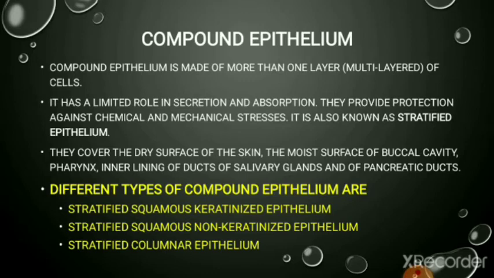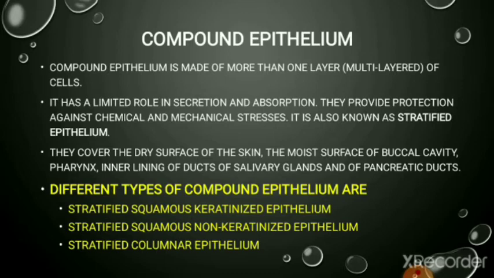On the basis of their structure and functions, different types of compound epithelial tissues are present in the body, like stratified squamous keratinized epithelial tissue, where keratin, a kind of protein, is present. Stratified means cells are arranged in layers. Squamous cells have a moist surface and are a kind of epithelial tissue.